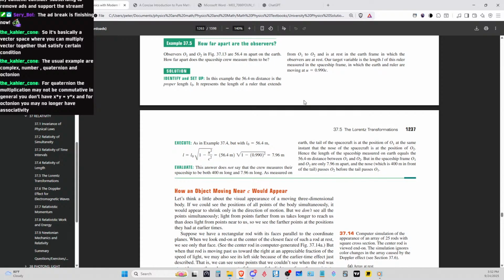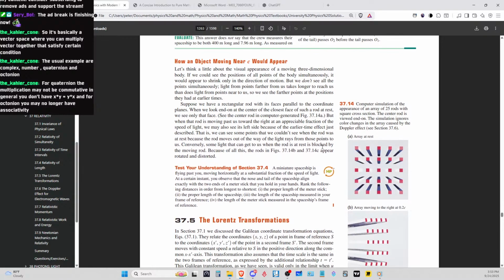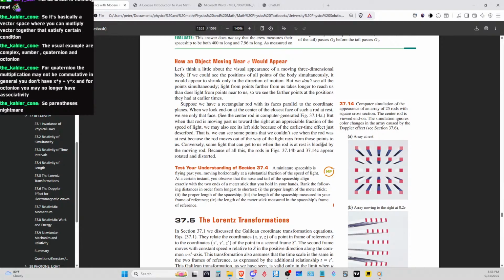Okay. For octernions, you may no longer have associativity. Oh, okay. Interesting. Very interesting indeed, actually. When do you start learning about quaternions and octernions? So parentheses are a nightmare. Fair enough, fair enough.